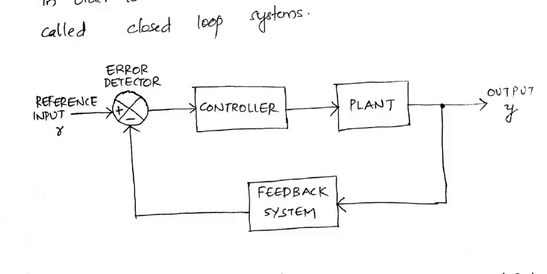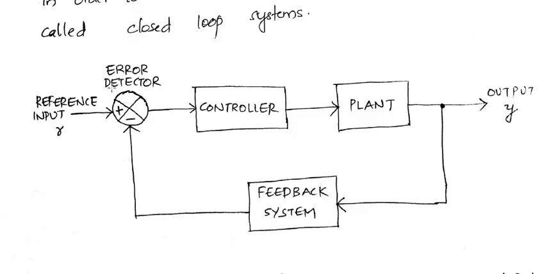See, if you look at this particular diagram, like the previous diagram, here also we have a controller and a controlled process. Instead of a controlled process, we have a plant. Both are the same. But in addition to the open loop control system, here we have a feedback. So we are taking a portion of the output and through a feedback system we are applying that signal to the input side.